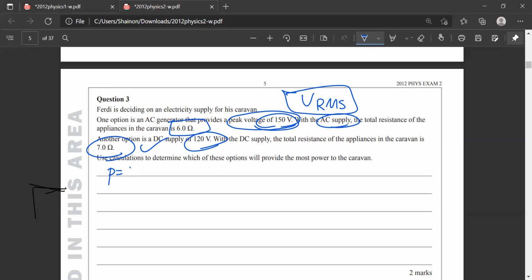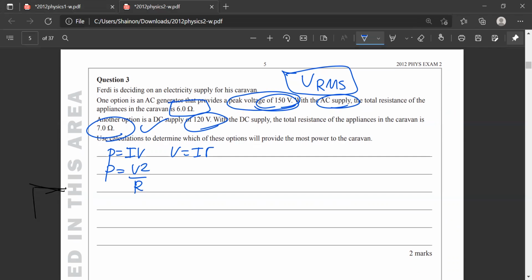Using P equals IV, using this formula, you can sub this in to find V squared, to find it in this format. So then P equals 120, I'm using DC, this is DC squared over the resistance 7, which is 2057 watts.